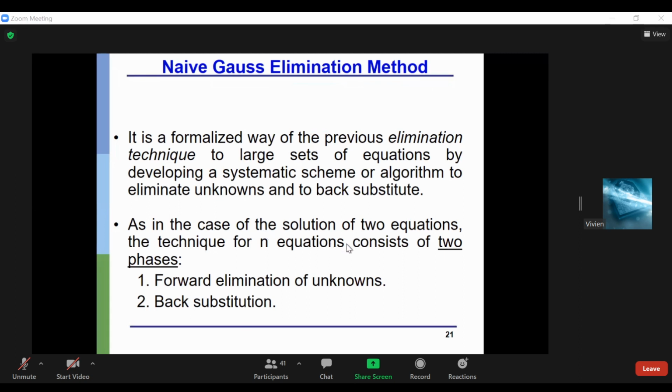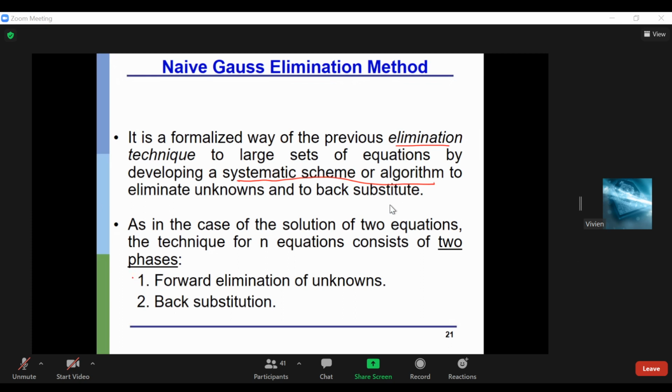Here we apply the elimination method by developing a systematic scheme or algorithm. Basically, we want to construct an algorithm so that the computer can work using our algorithm.